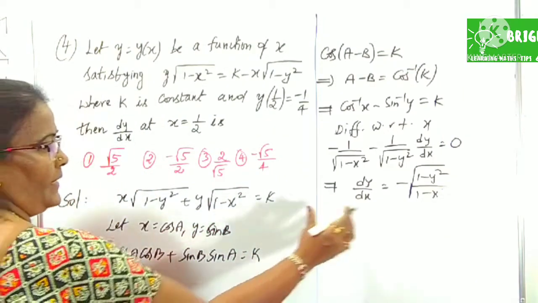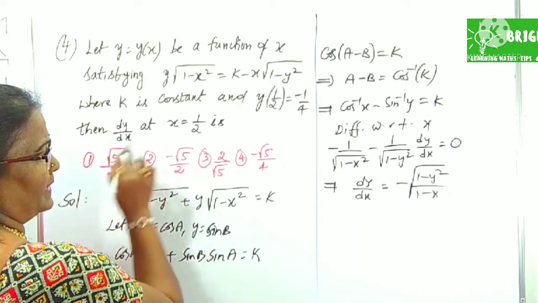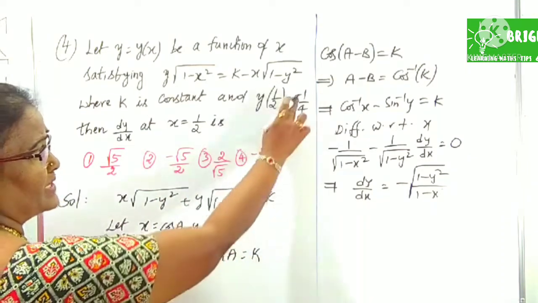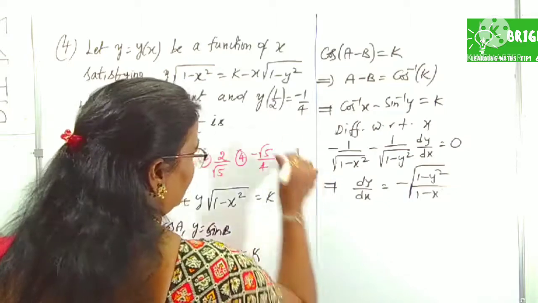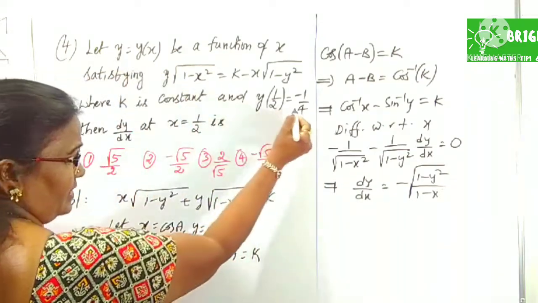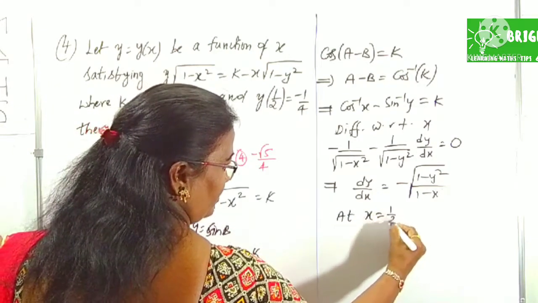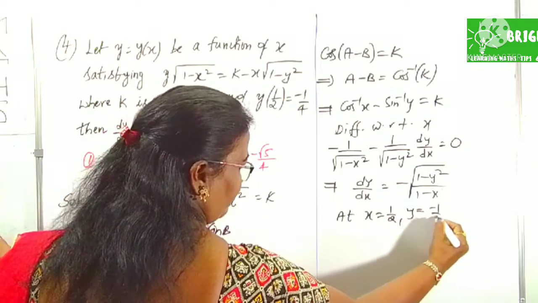You got it. Now we have to find this value at x is equal to 1 by 2. Substitute x is equal to 1 by 2 and y is equal to minus 1 by 4 here. At x is equal to 1 by 2, y is equal to minus 1 by 4.